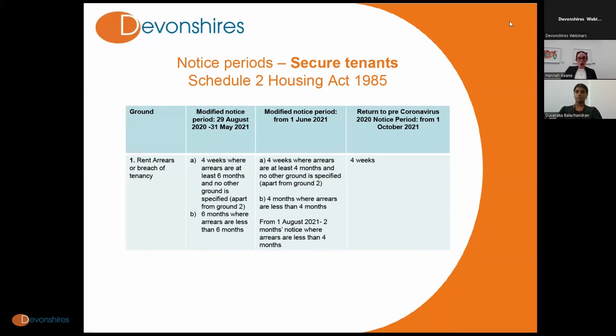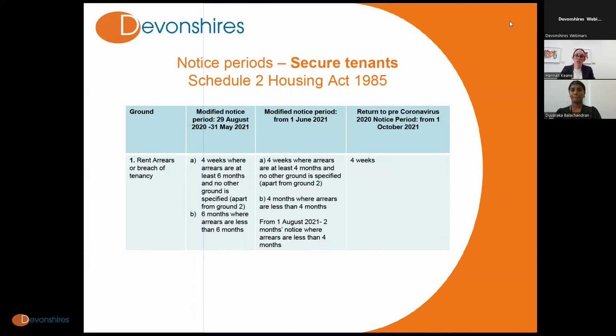Thanks, Duva. So just turning to notice periods, I have included some of the previous ones. The second column is probably less relevant. Those are the notices modified between August 2020 and May 2021, because there's only a 12-month lifespan on NOSPs, but you may still have some NOSPs that were served July to October last year, which may still be in play.